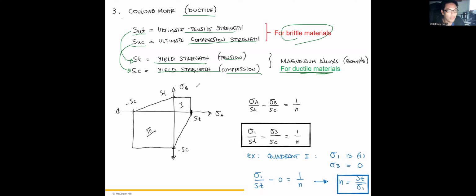We just modify the boundary, modify the stress limits: the yielding for tension, yielding for compression. Sorry, this is for yielding for tension.